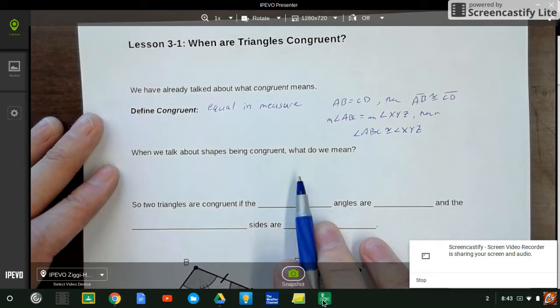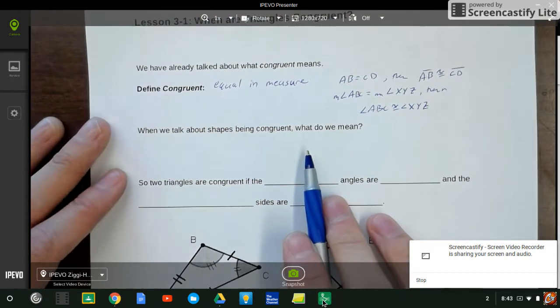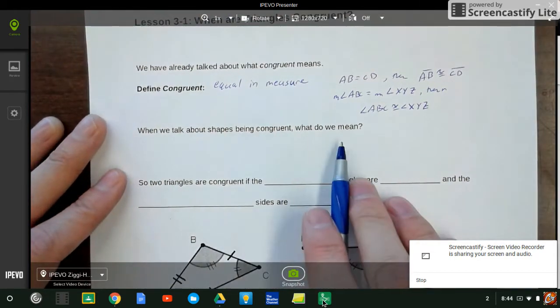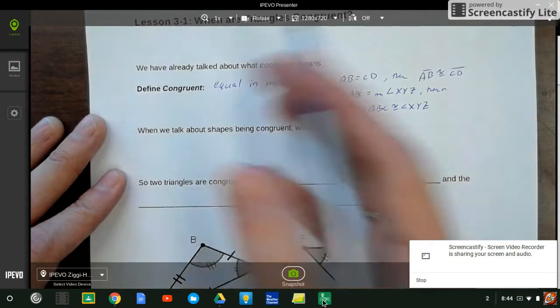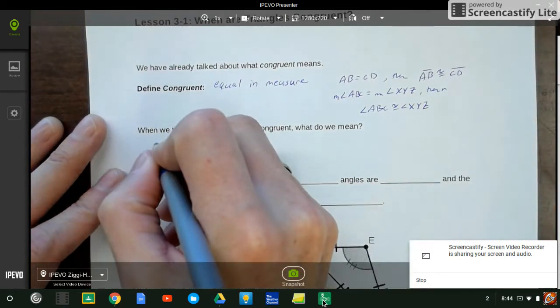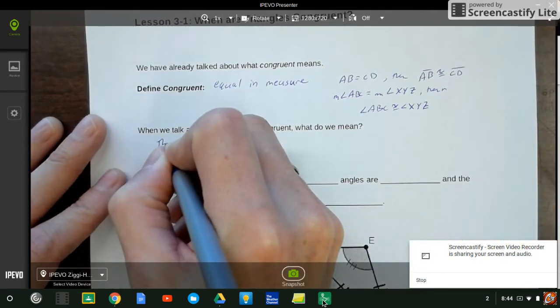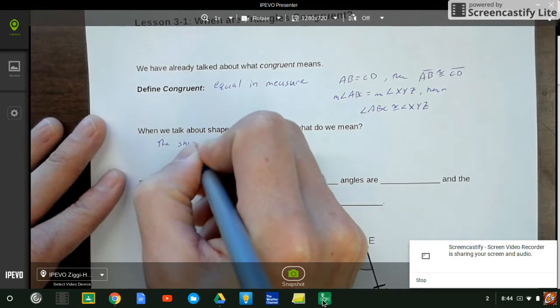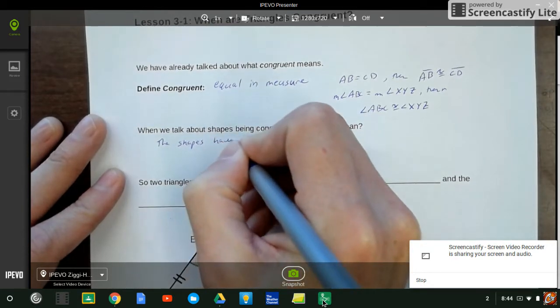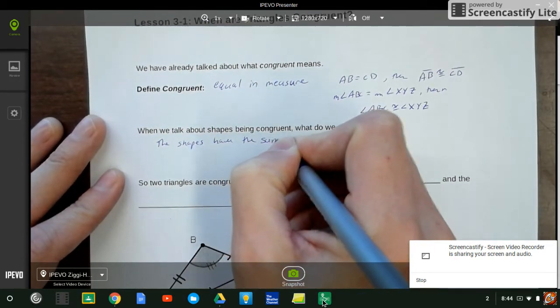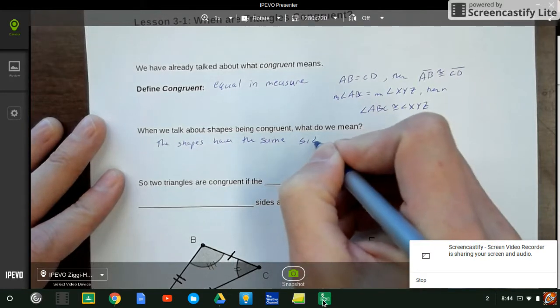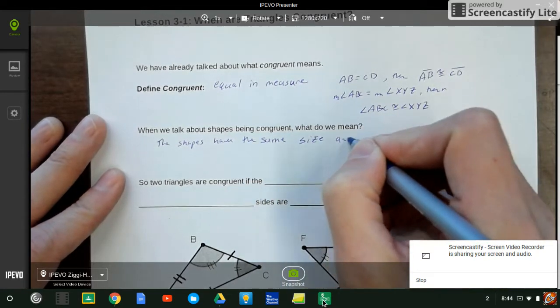But when we talk about shapes, it's more than that, okay? Talking about shapes being congruent, in layman's terms, in simple basic terms, we can say that the shapes have the same size and shape.